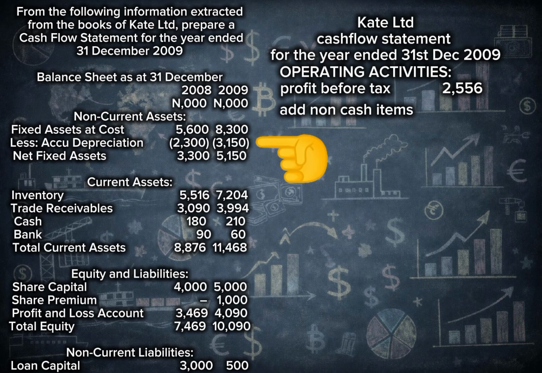And to get the depreciation charge for the year, we simply find the difference between the depreciation at the beginning and end of the year. That is 3,150,000 naira minus 2,300,000 naira, which gives us 850,000 naira.